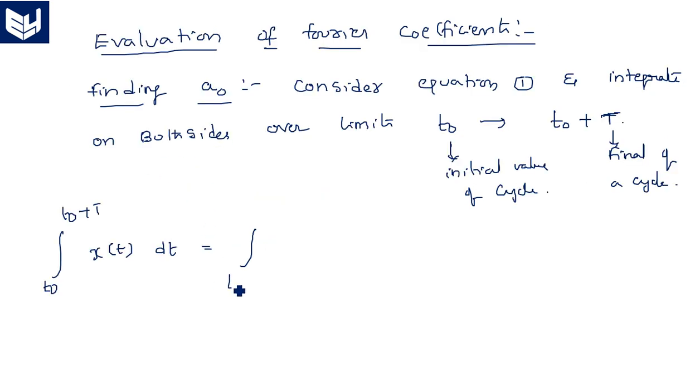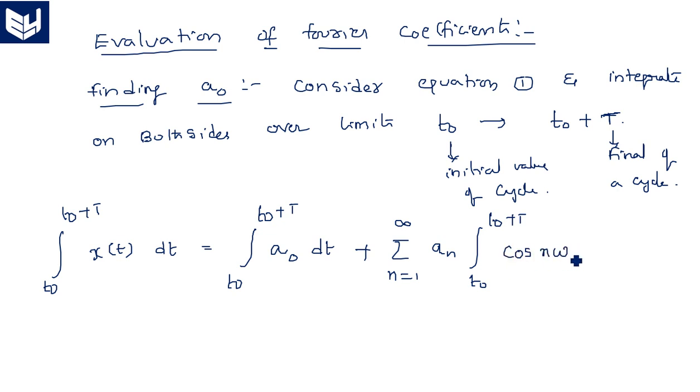A naught, t naught to t naught plus capital T, a naught dt, plus summation n equal to 1 to infinity an integral t naught to t naught plus capital T cos n omega naught t dt, plus bn integral t naught to t naught plus capital T sin n omega naught t dt.